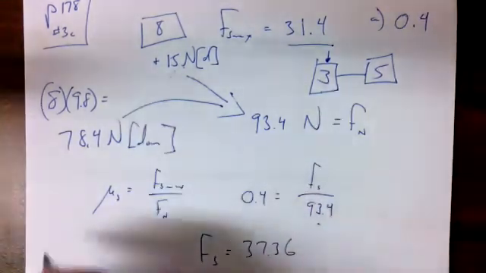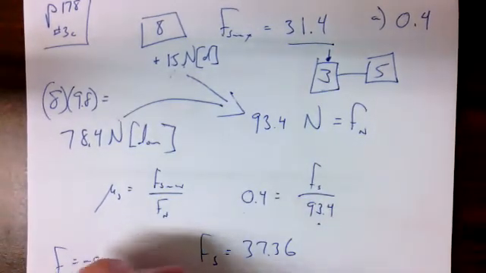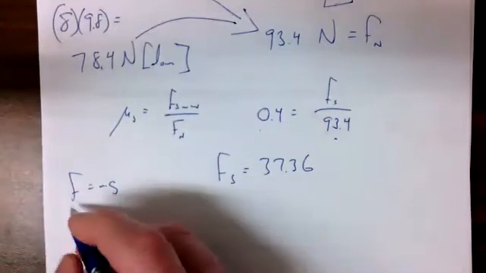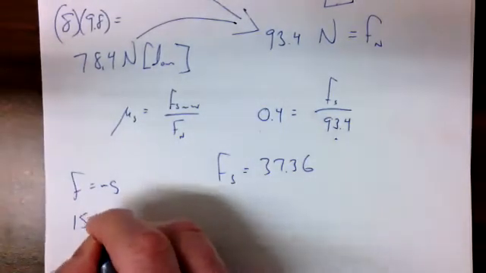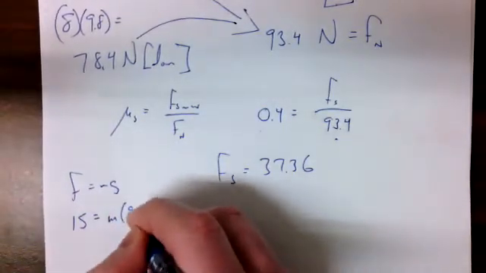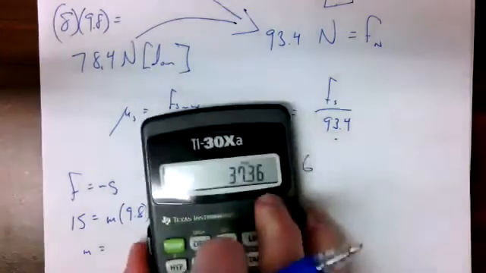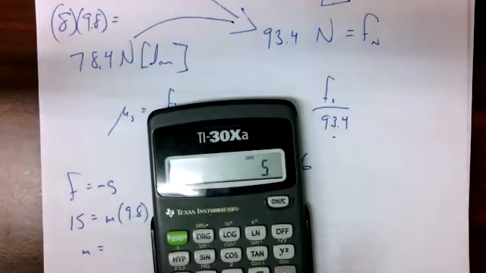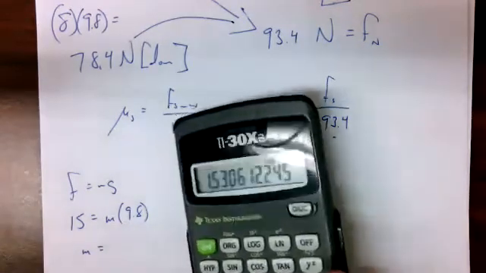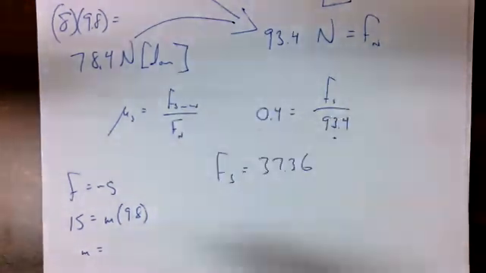So for example, 15 newtons, F equals mg. So force of 15 equals m times 9.8. Divide both sides by 9.8. And essentially we've added 1.53 kilograms.